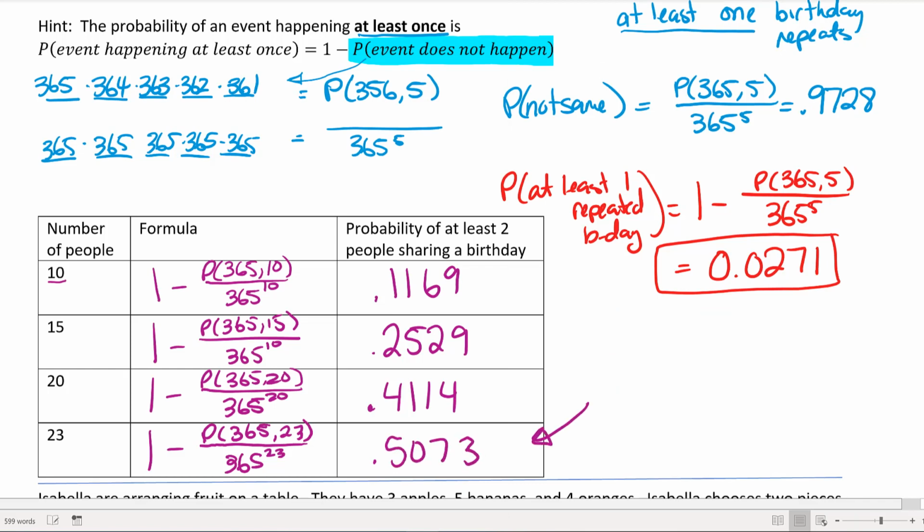So it only takes 23 people in the room to have a 1/2 chance of getting at least one repeated birthday. So 23 people, that's like a classroom full of people. So if you look around the next class that you're in, if there are 23 people or more, there's a pretty good chance that at least one person is going to share a birthday with someone else in the room.